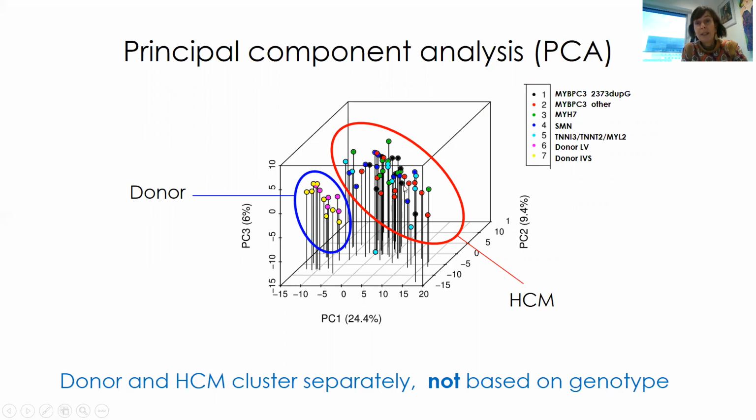But if you look at the genotype, there's no distinction between the samples. And also, if you look at the sarcomere mutation negative group, which are the blue symbols, they also overlap with the sarcomere mutation positive groups. So cluster analysis does not separate them based on genotype.